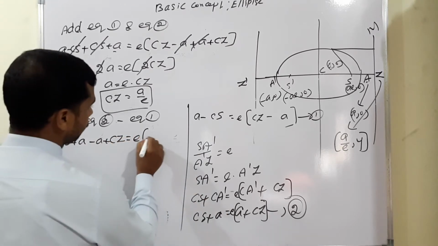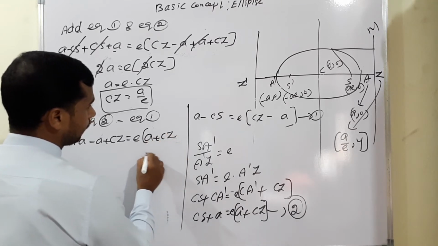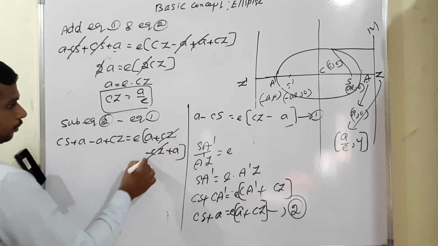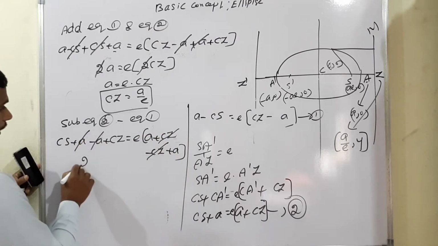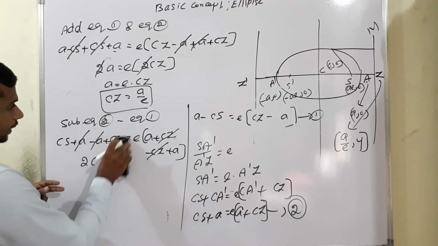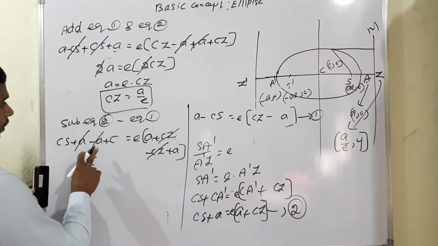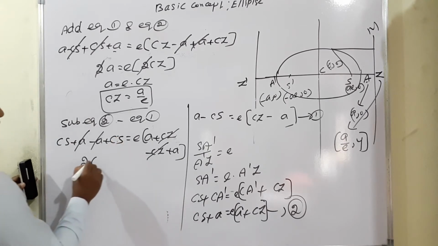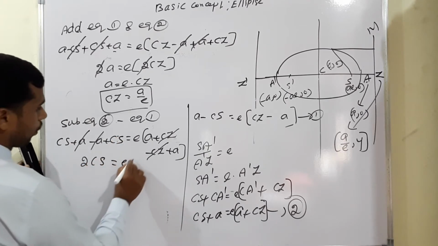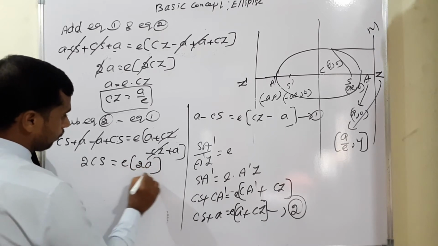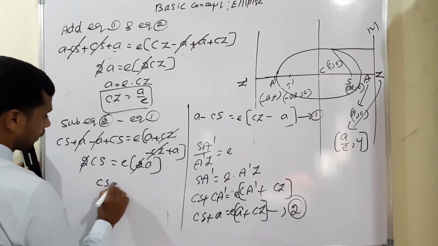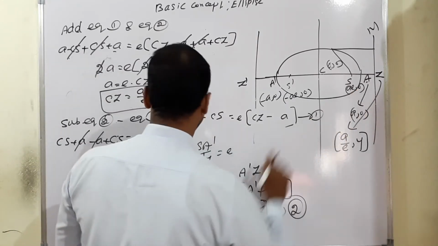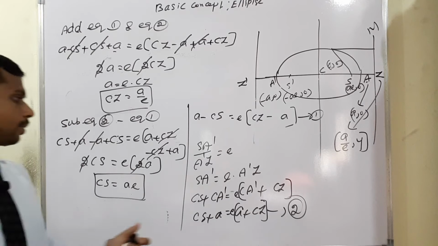Then equation 2 A plus CZ minus CZ plus A. Here plus CZ minus CZ plus A minus A. Therefore 2CS is equal to, there E common, inside 2A will come. Again 2 cancel. Therefore CS means focus, that is called A. See, focus A comma 0. This is what I proved. Okay. So this is an important point.